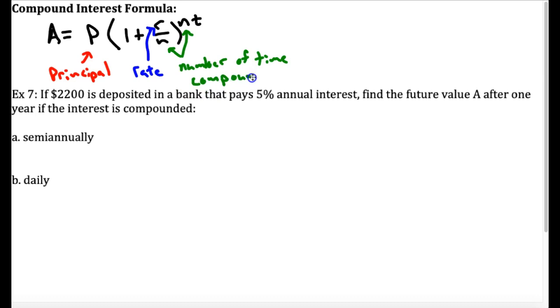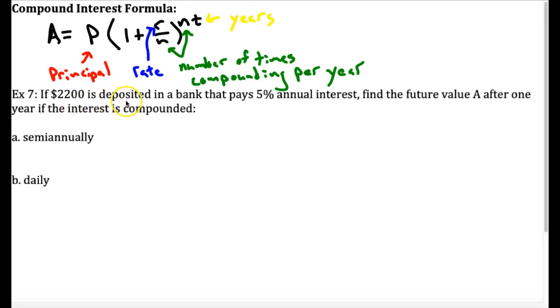Okay, and I'll explain what that means in a second. And then T is the number of years. Right?